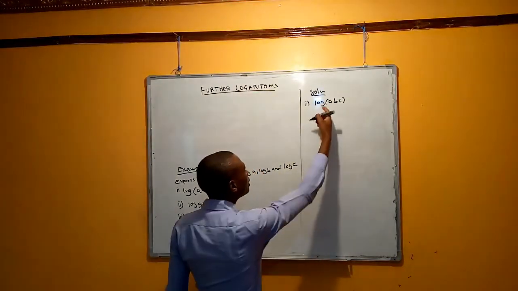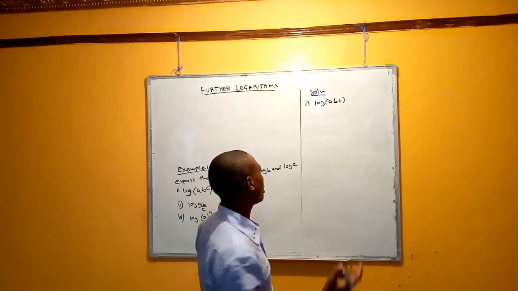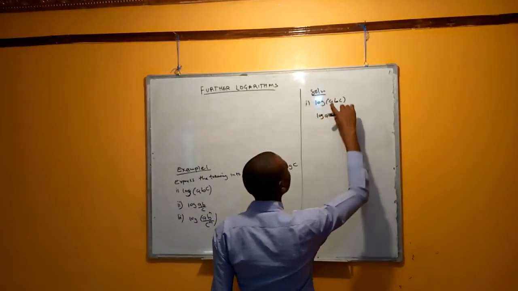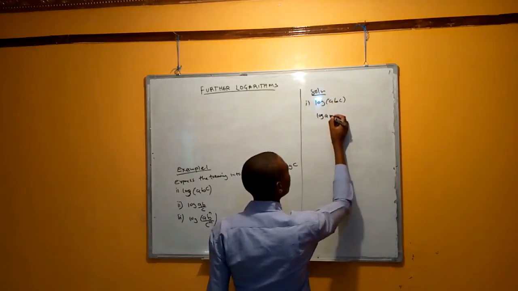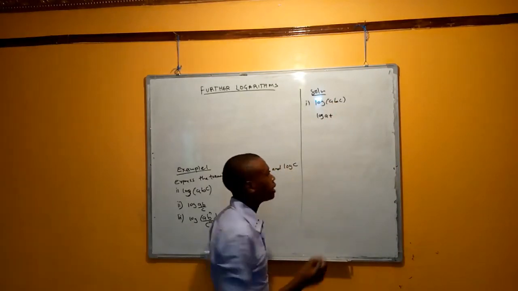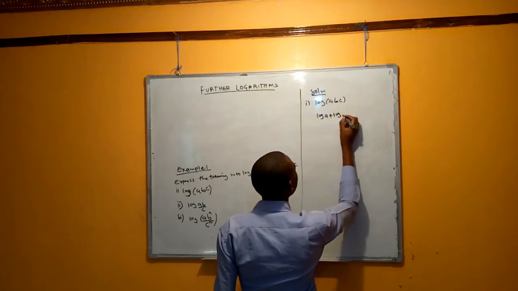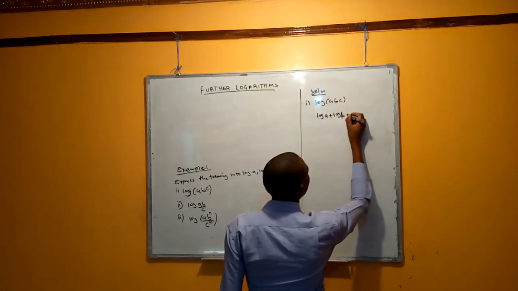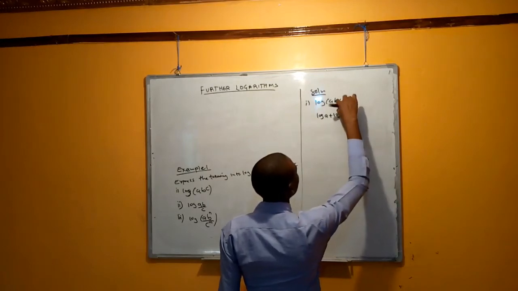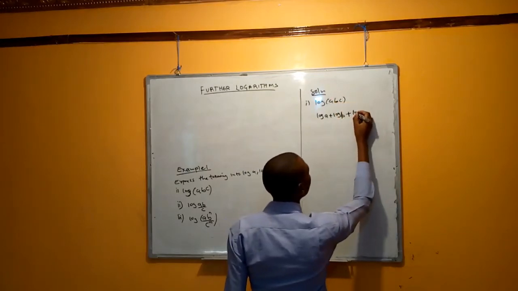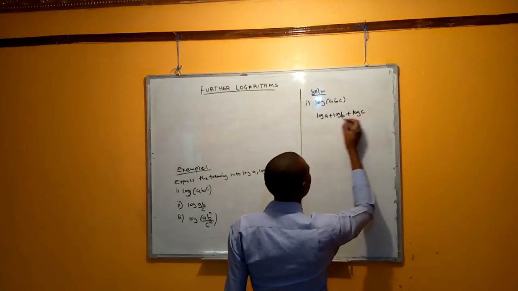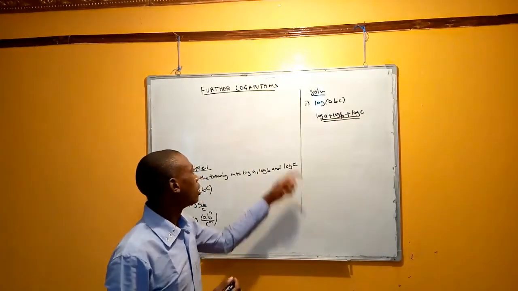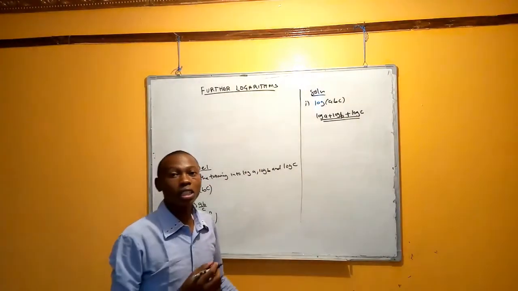So to write this in terms of log A, log B, and log C, it should be log A, and between A and B we have a multiplication sign, so we can have an addition sign there, log B. Then we have another multiplication sign between B and C, so this will give you plus log C. And this is now the form that you are required to write your first answer in.